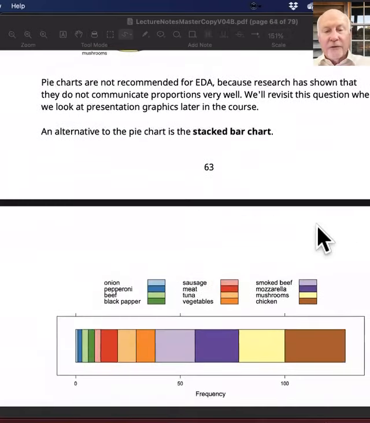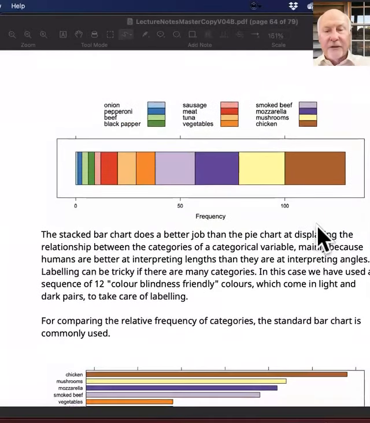So a common alternative is this thing here called a stacked bar chart. So what happens here is the proportion, or the frequency here. I could have done this as percentages rather than frequency, and frequency, remember, is just a number of things. In a chart like this, the frequency or the proportion is just represented by the length.